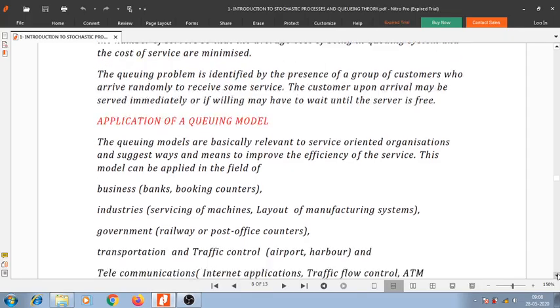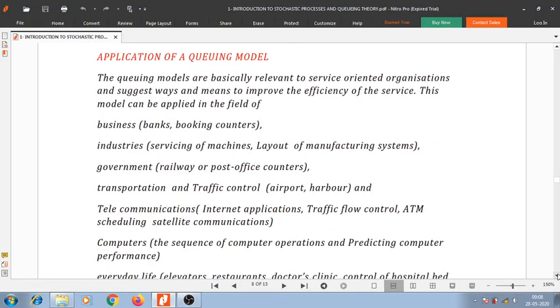Now, what are the many applications of a queuing system? Business, such as banking counters and booking counters, and so on. Similarly, industry: servicing of machines and layout of manufacturing systems. In the public sector: railway reservation counters and post office counters, where we are waiting for service in the queue.